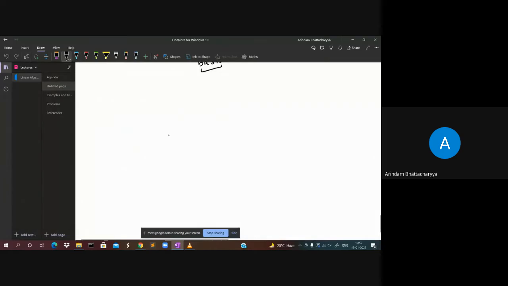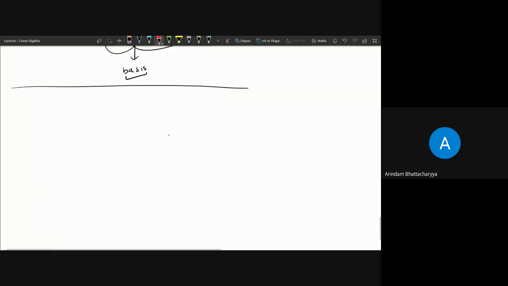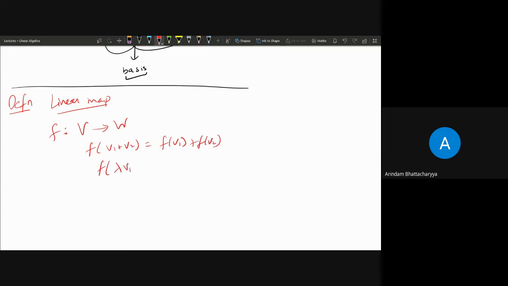Definition of a linear map: given vector spaces V and W, a linear map is a function which has the properties that f(v1 plus v2) is equal to f(v1) plus f(v2), and f(lambda v1) is equal to lambda times f(v1).